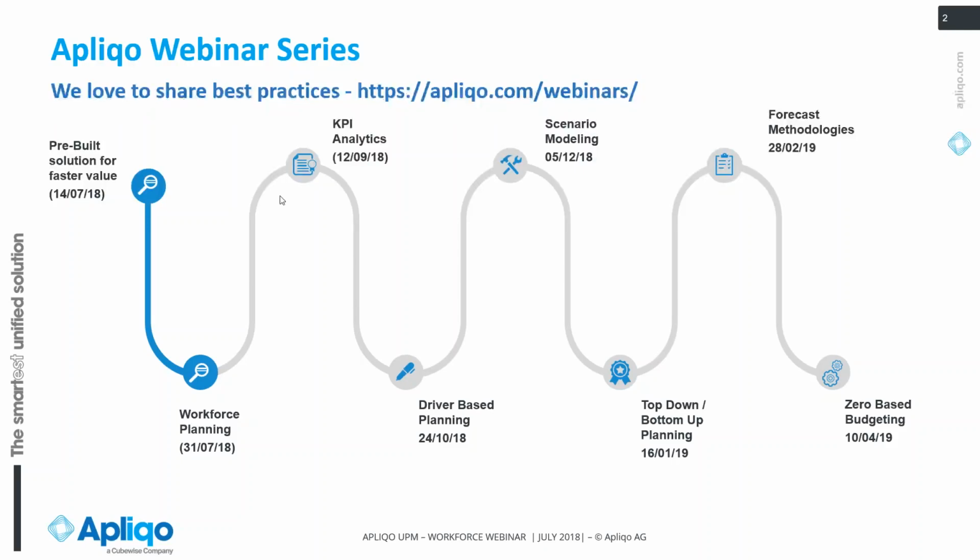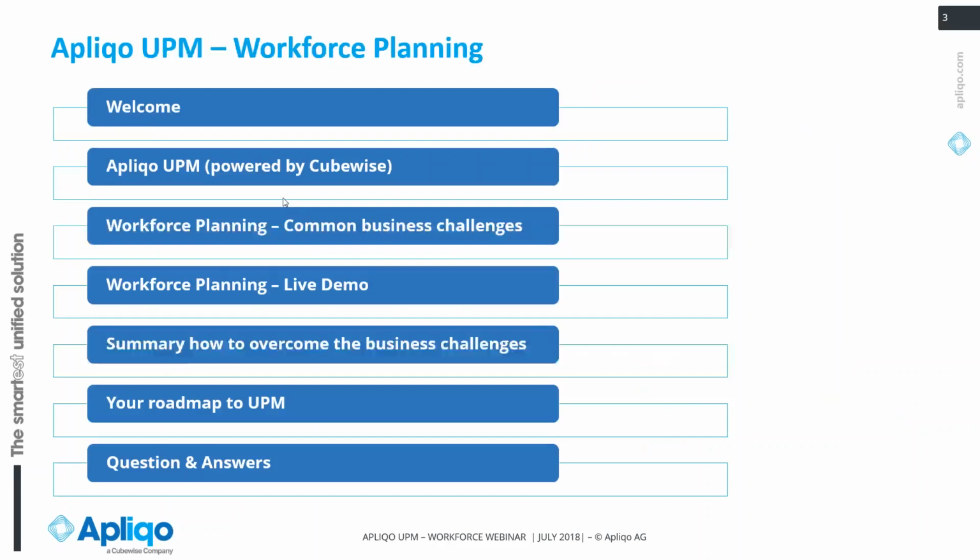For today, we mainly focus on this content. First of all, I want to give you some quick background information about the Apliqo UPM and how it sits in the whole organization of QPipe. Then we will talk from a business point of view about workforce planning and the common business challenges other companies are facing.